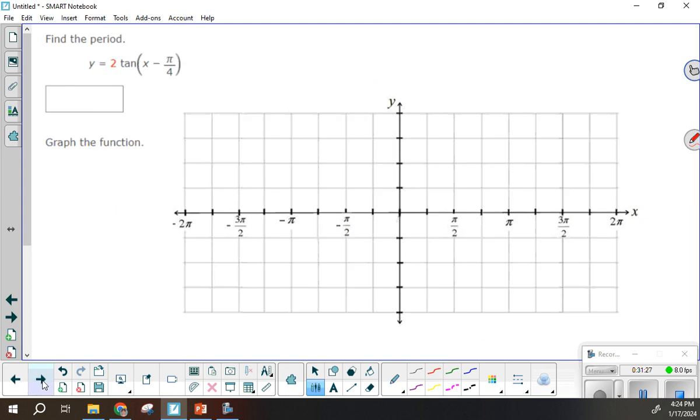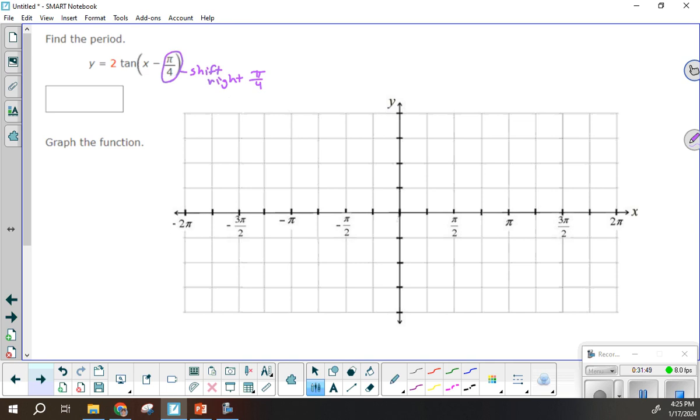Okay, now we're back on tangents. Now we got some shifts. So again, amplitude on tangent, the 2 doesn't really matter. However, this matters. So this is a shift right pi over 4. Now again, they asked for the period. We don't have a k.